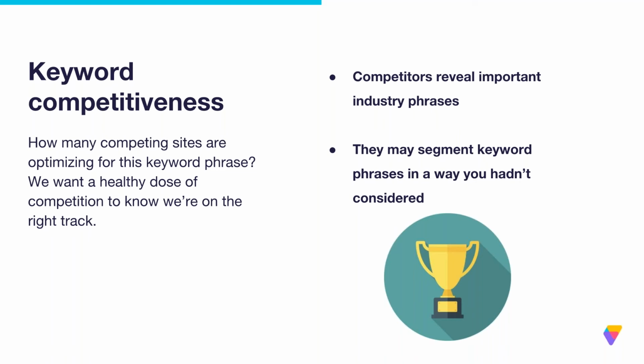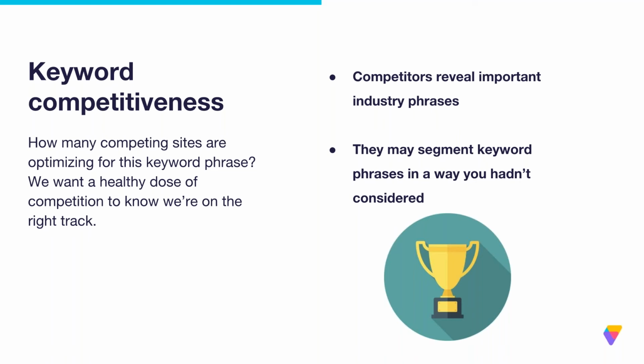Another thing that's really great about competitiveness is that it lets us know if there are important industry phrases we might not have considered before, or just taking a simple visual tour around a competitor's website lets you know if there are ways you had not considered segmenting those keywords. We'll get into an example that shows keyword segmentation, but essentially competitiveness allows us to fall in line with the way things are working now and find those keywords that have good viability within the industry.